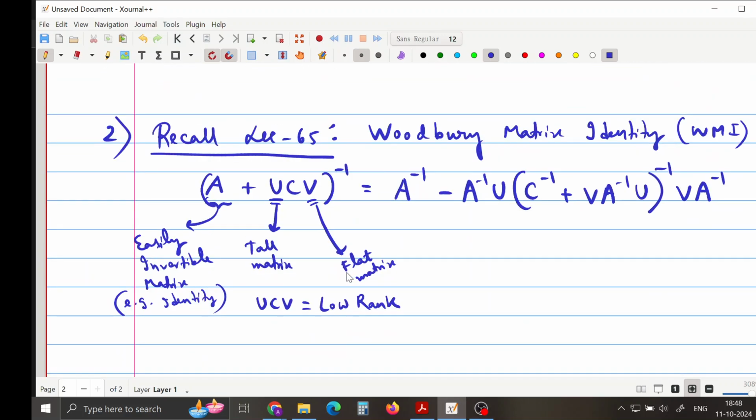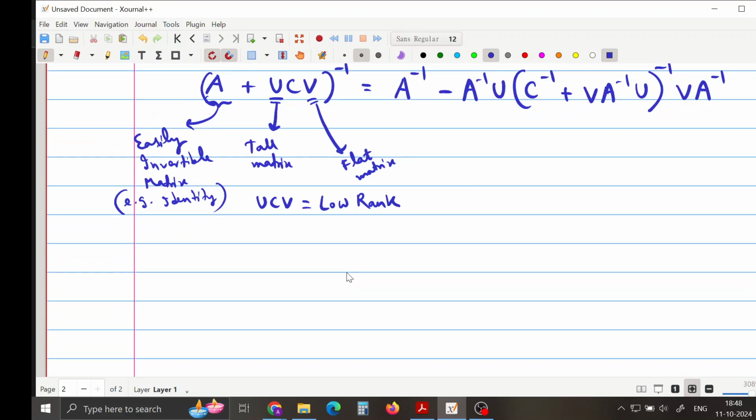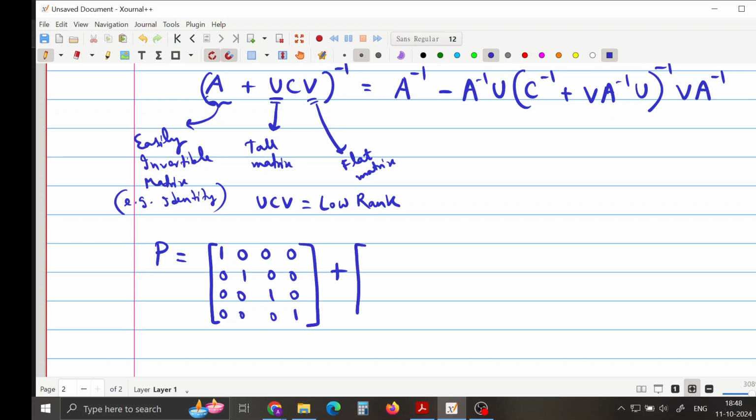So let's see if in our question this is useful or not. It must be useful because you're asked to use the Woodbury matrix identity. So what do we have in our case? We have a matrix P, which is this identity matrix plus this.